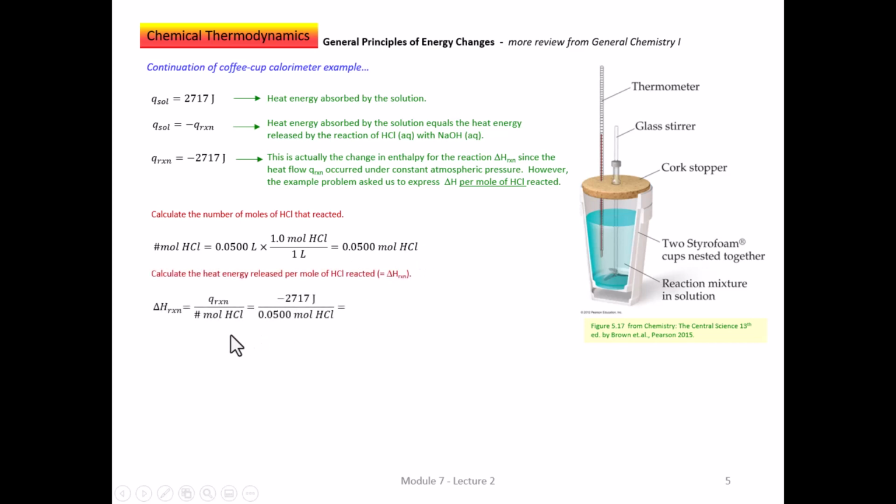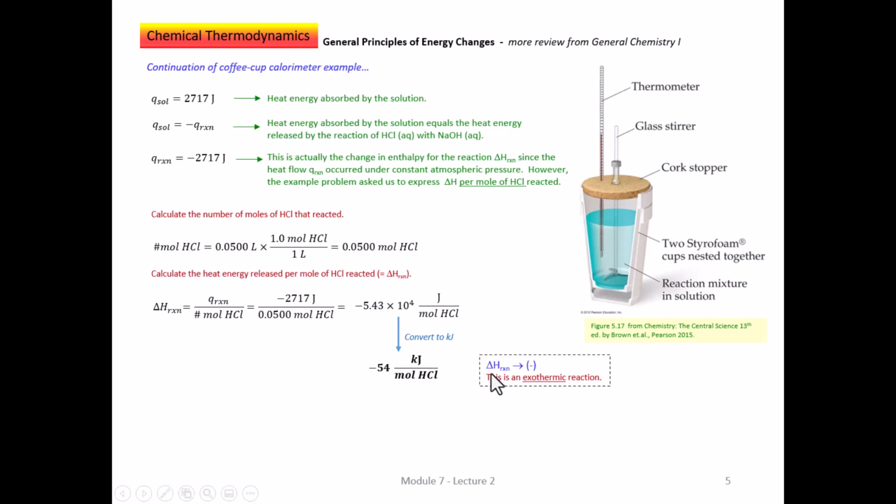So we can calculate the enthalpy change per mole of HCl by just taking the heat released by the reaction, minus 2717, and divide by the number of moles of HCl, and we get minus 5.43 times 10 to the fourth joules per mole of HCl. And we could convert this to kilojoules, minus 54 kilojoules per mole of HCl.